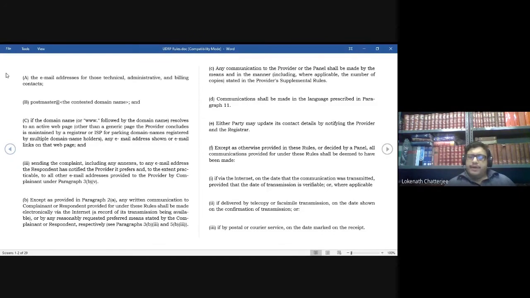If it is sent by way of internet, then the date on which it was sent should be recorded. However, the date of transmission should be verifiable. The other portions are when it has been received.